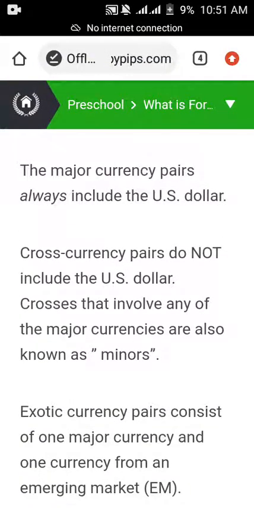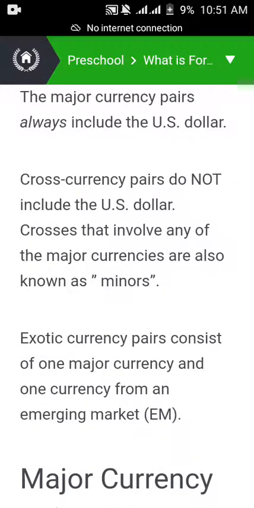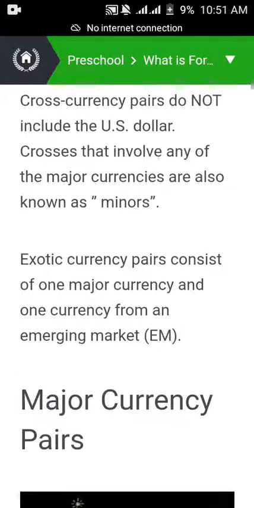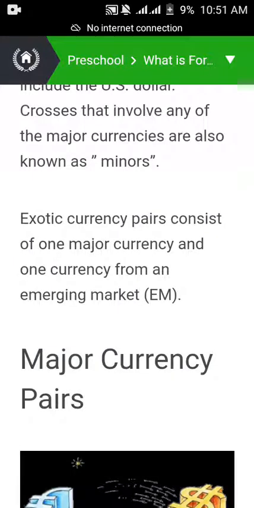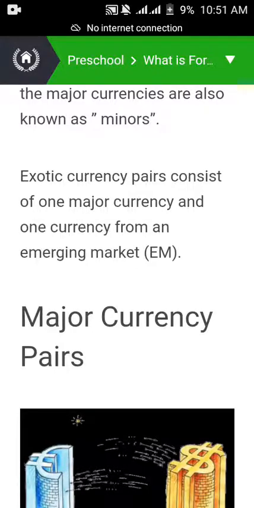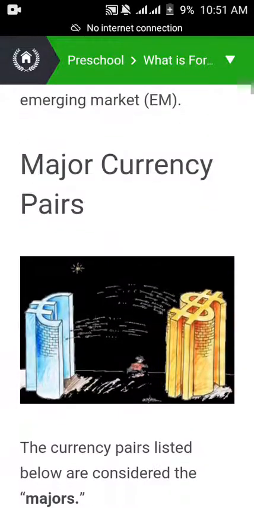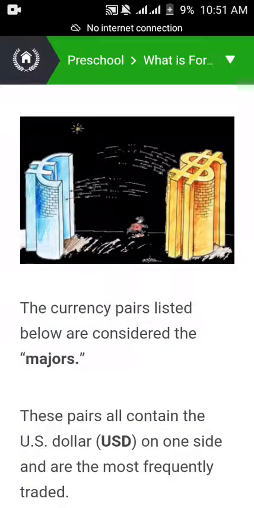The major currencies are the US dollar, the euro, and the Great British pound. Crosses that involve any of the major currencies are also known as minors. Exotic currency pairs consist of one major currency and one currency from an emerging market (EM). Major currency pairs, for example, the euro and the US dollar.